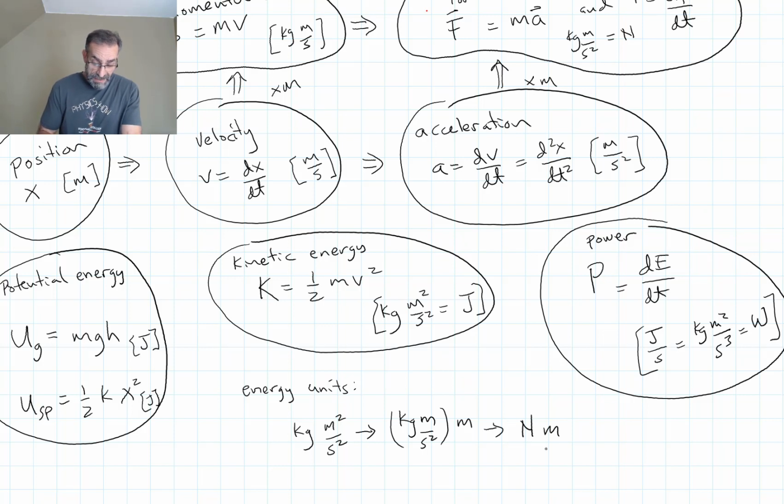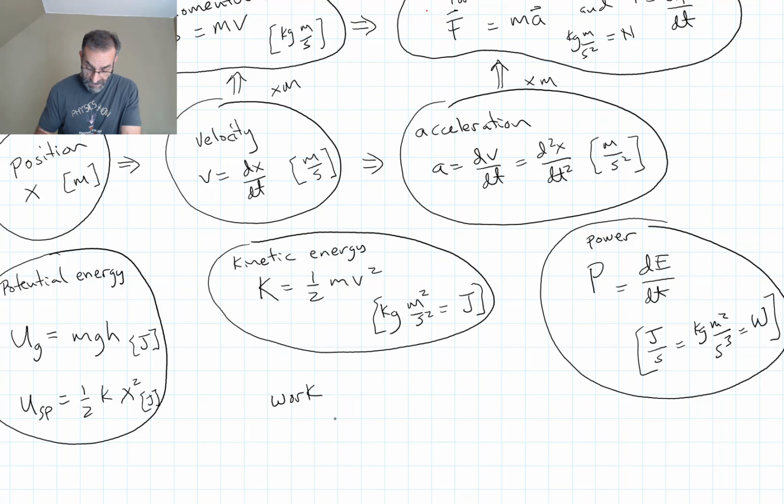So I'm going to add one more item here, work, which is force through a distance. That's if we have a constant force. And our units are going to be Newton meters, or joules.